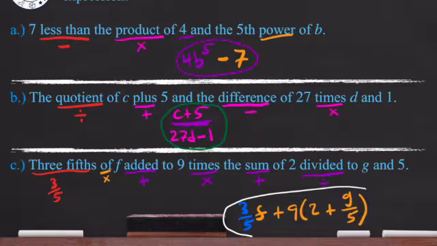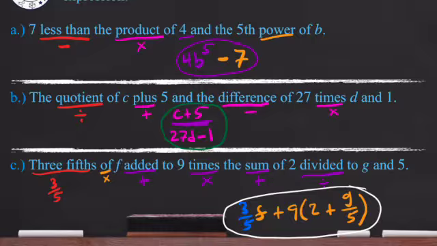So this is the answer to that problem. Remember, 3/5 of means multiply, so we multiply that to f, added to 9 times the sum of something, so we're adding two things, of 2 divided by g and 5.